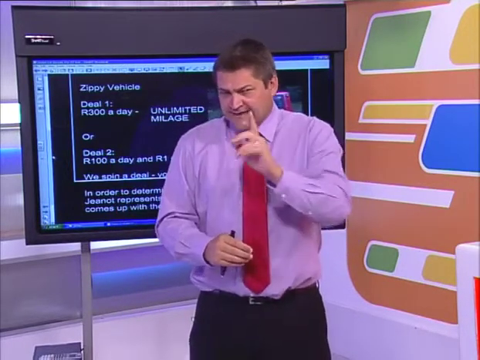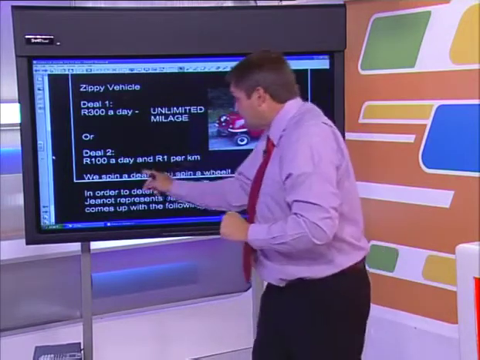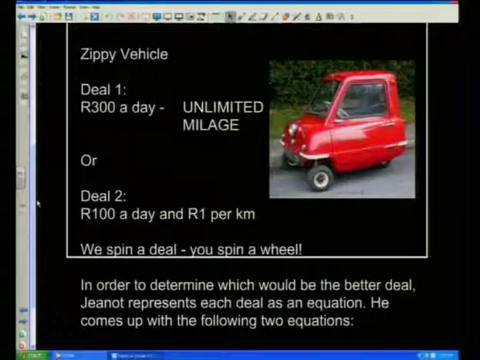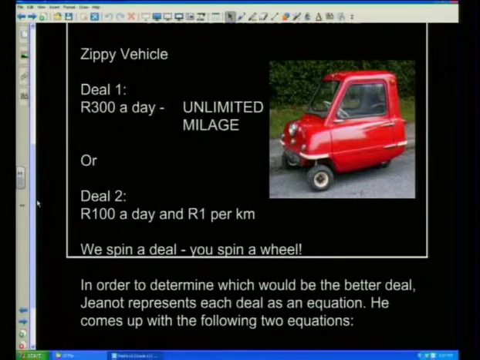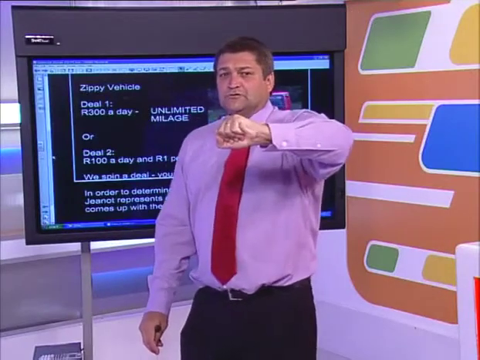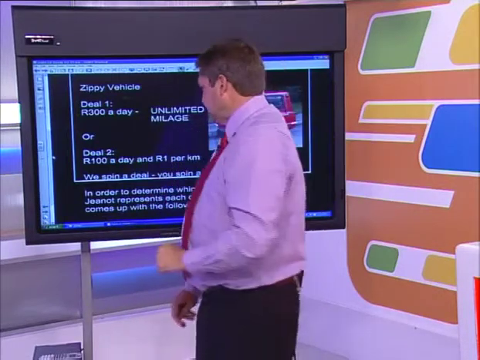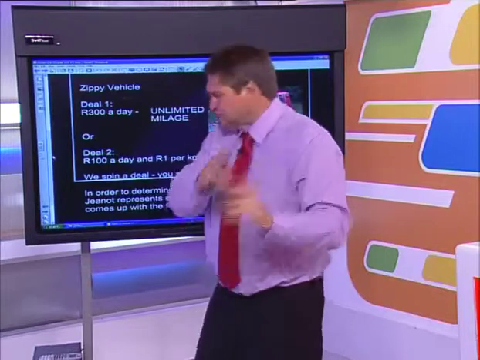Sounds like a bargain, but there's a little catch. And the catch is this. You also got to pay 1 Rand for every kilometer you travel as well. So deal one, 300 Rand a day, travel as far as you want to go. Deal two, 100 Rand and travel as far as you want to go, but now you're going to pay 1 Rand for every kilometer you travel. Got it? Understand? I'm sure you do.